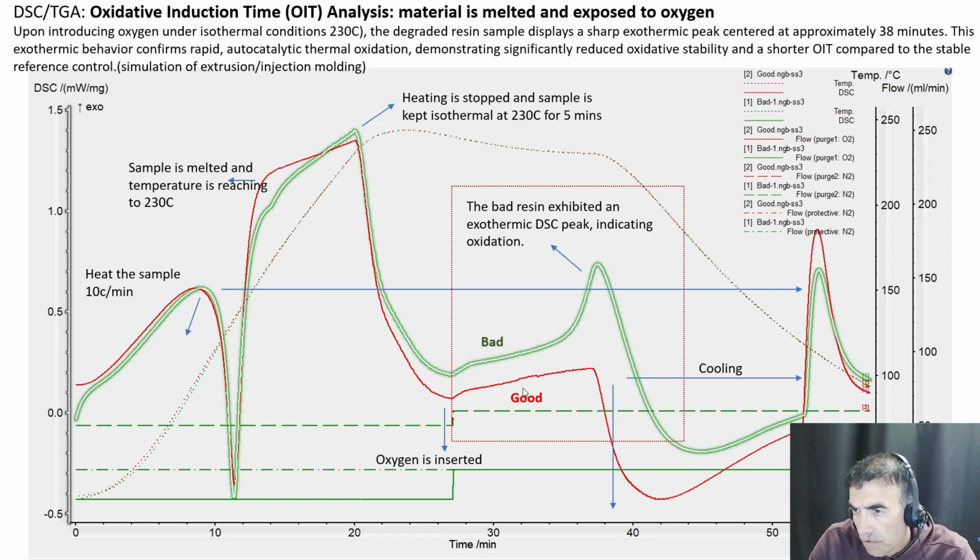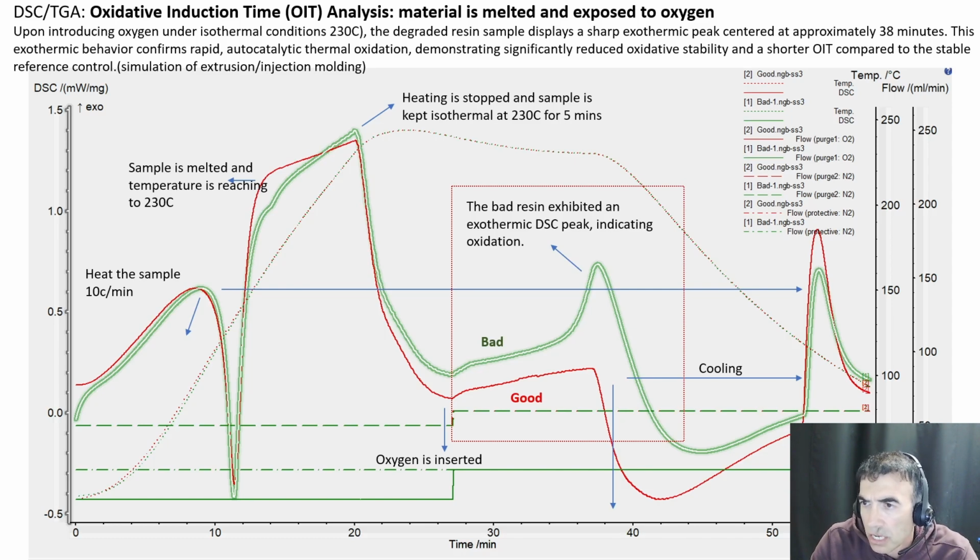You can see that for good resin, this works very well and the oxidation is controlled. For bad resin, however, at about 37 minutes we see a peak. That region is called the oxidation induction time, and it means that after some time the bad compound started to give in to the oxidation reaction.